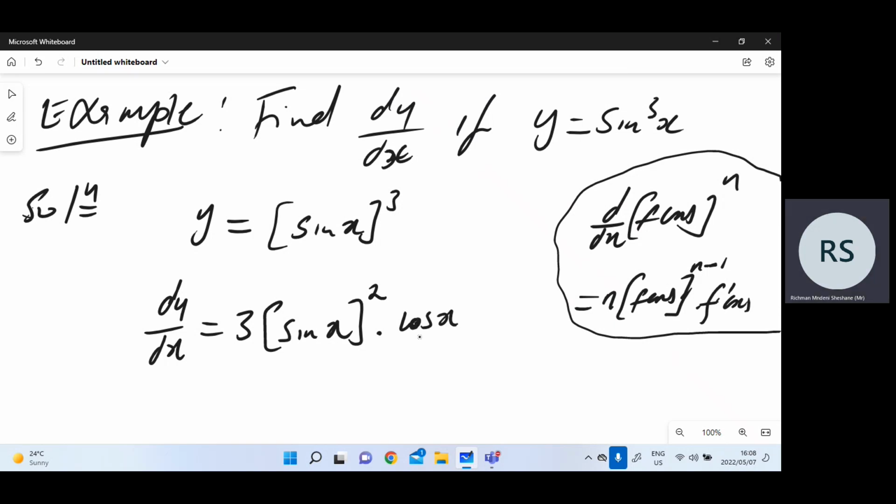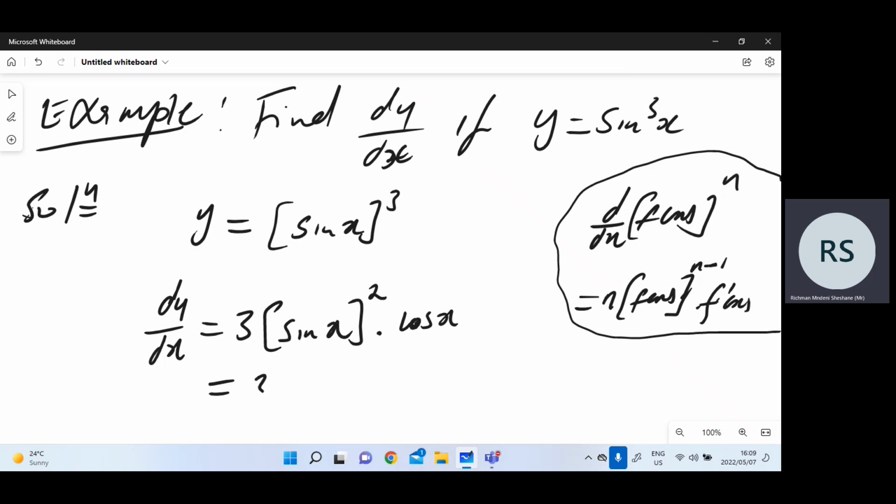The reason why I was saying when you multiply by f prime, put brackets, is because when f prime has two terms, it's very important to put brackets. But when it's one term, it's up to you. You can put brackets or not. So this is the answer.